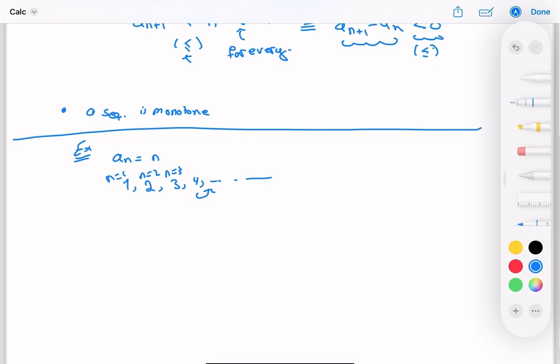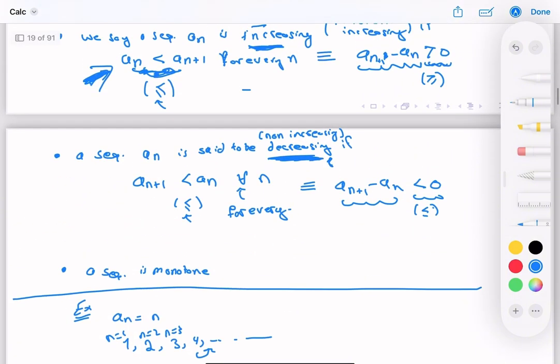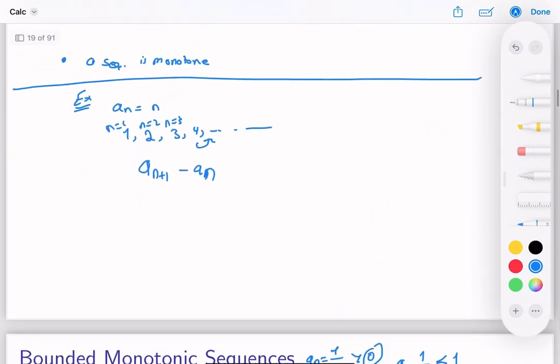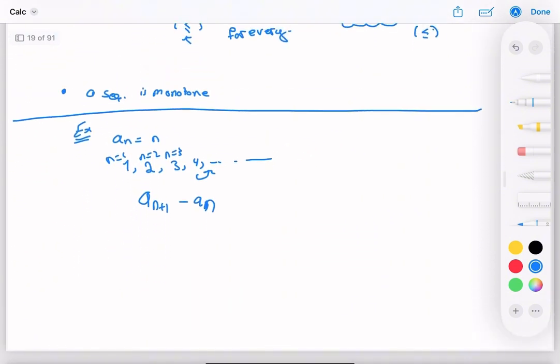So how would you show that? Well, you want to show that an plus 1 minus an is positive, because remember, this is how we defined an increasing sequence. We either prove that this inequality holds, or we prove that the difference is positive. But let us practice using the difference definition. So you look at the difference of these. What is an plus 1? Instead of n, you're gonna plug in n plus 1.